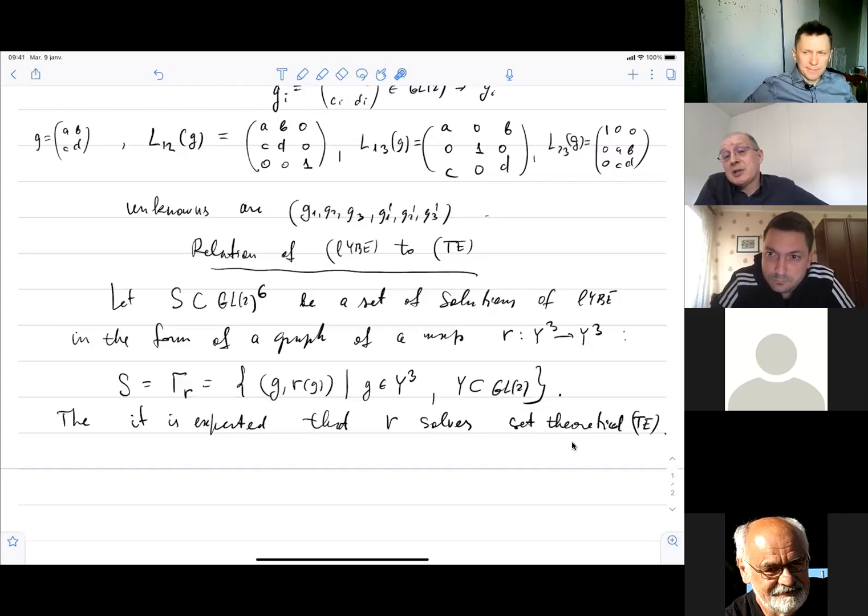But typically one is interested in some concrete solutions, and then usually what I do myself, I just pick up the map and then go to Mathematica to see if it is verified. Yeah, thank you. You're welcome.